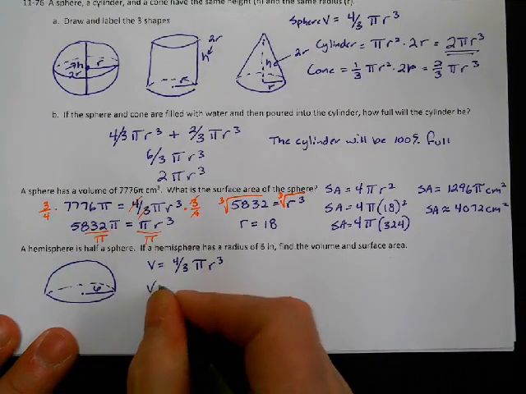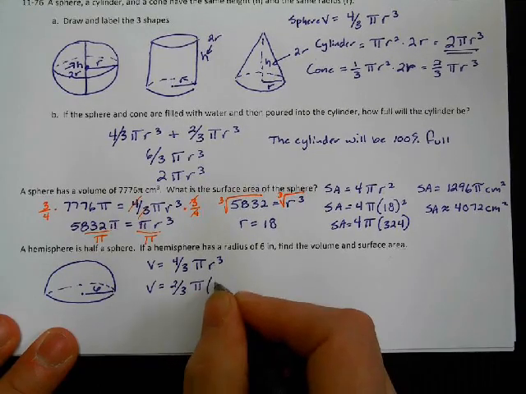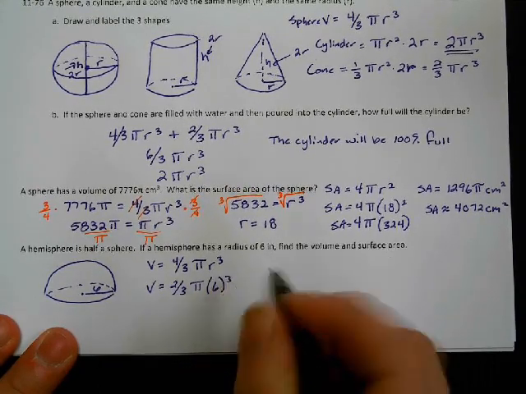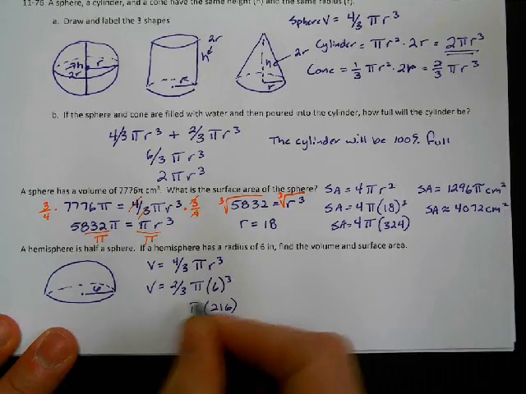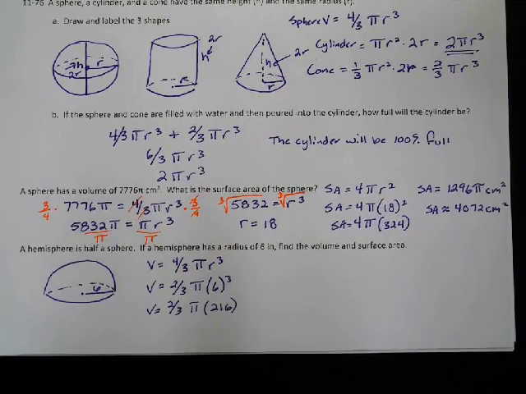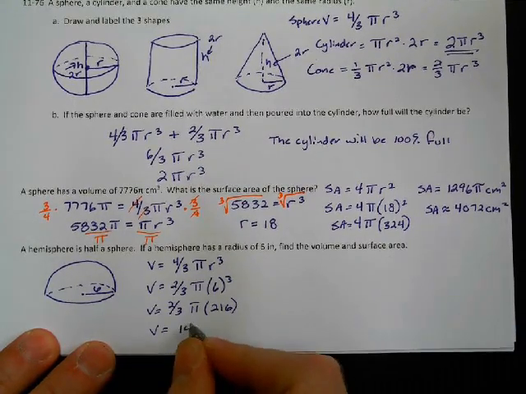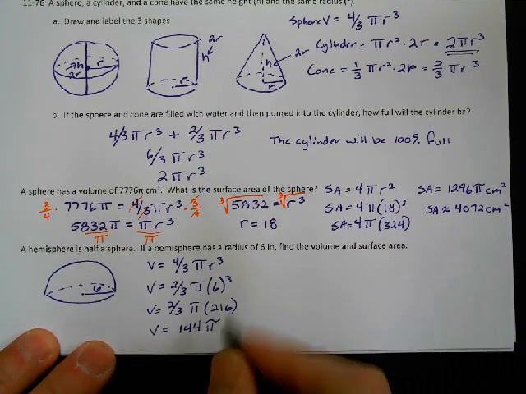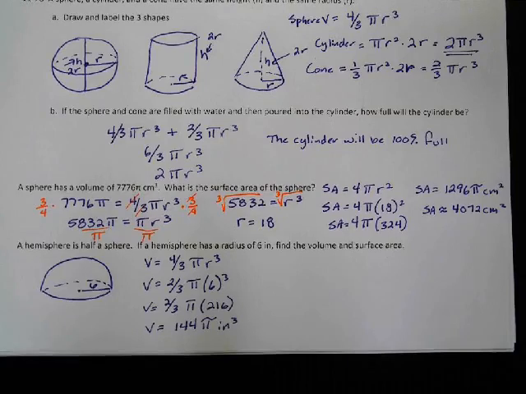So a hemisphere would be 2/3 pi r to the third power. 6 times 6 times 6 is 216. It ends up being 144 pi. And then we could, of course, find an approximate answer for that. So it's half of a sphere.